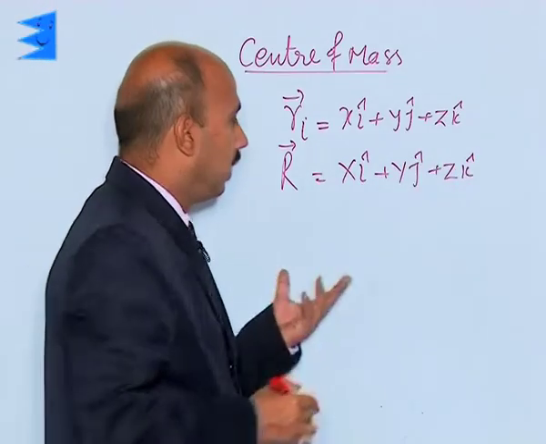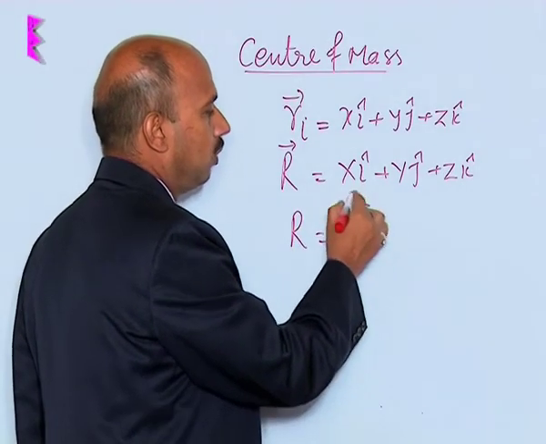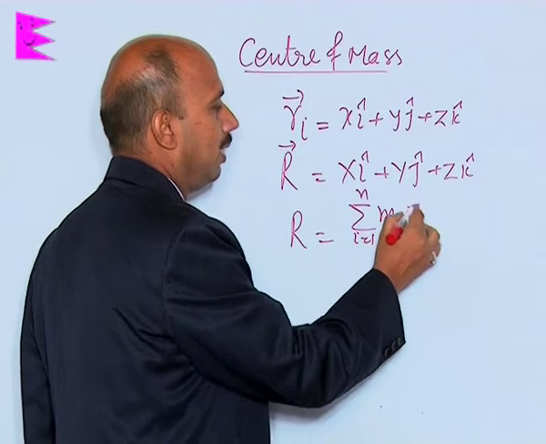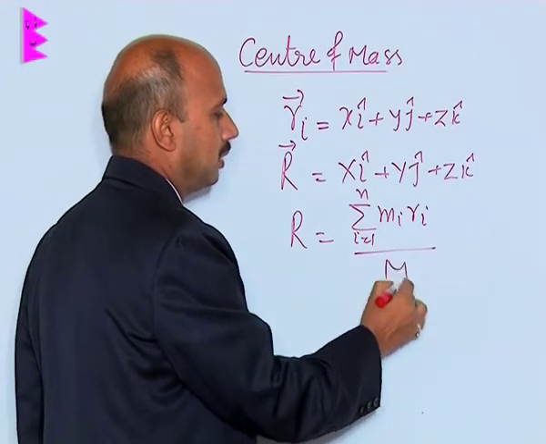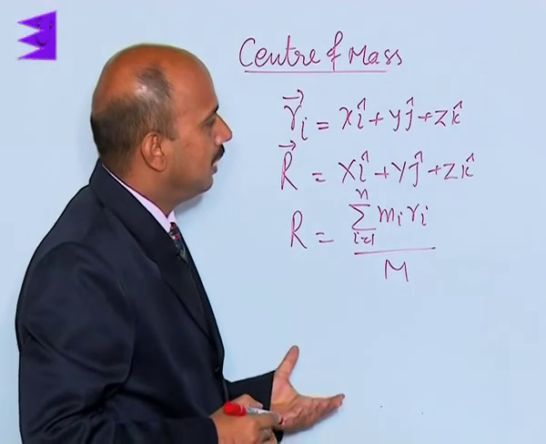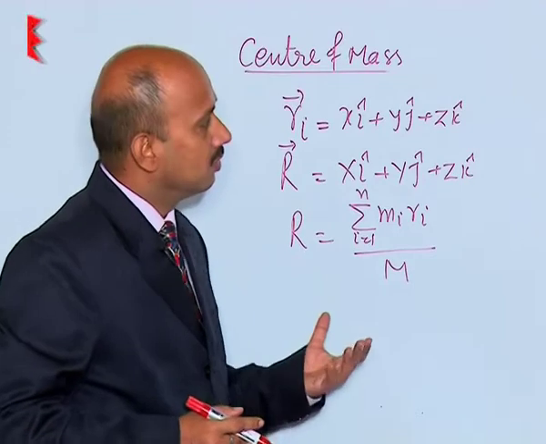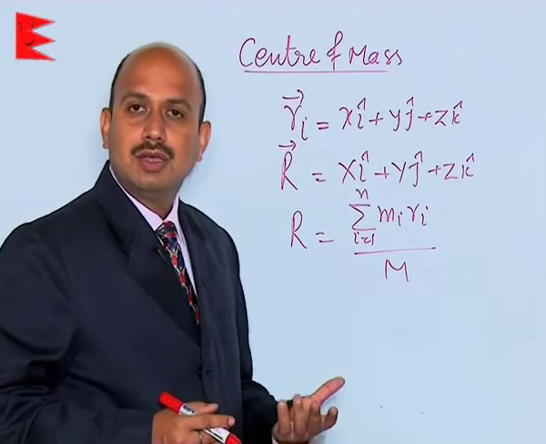In that case, you can write R is equal to sigma i is equal to 1 to n mi Ri divided by capital M. So, all these center of mass expressions can be written in terms of the x axis, y axis as well as z axis, as required or as per the given question.